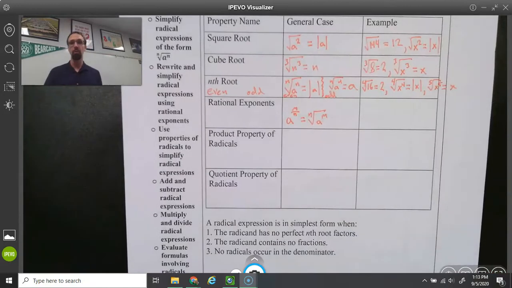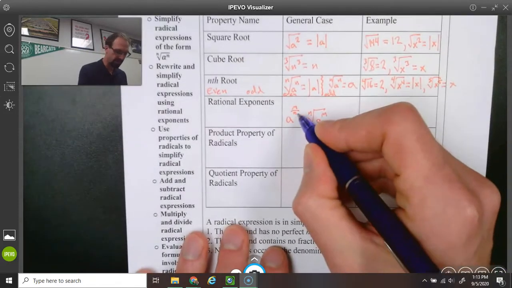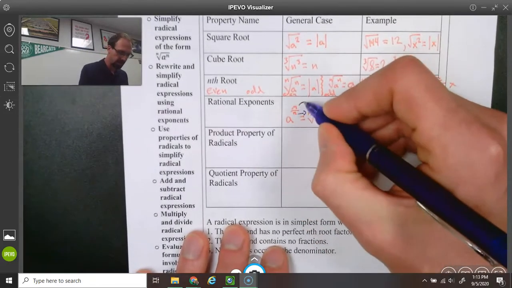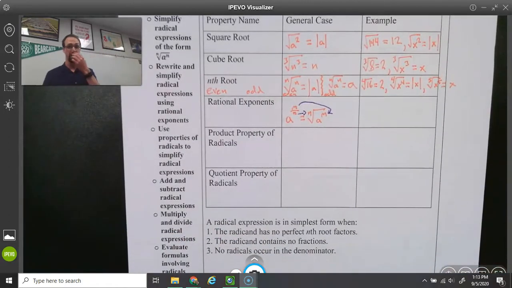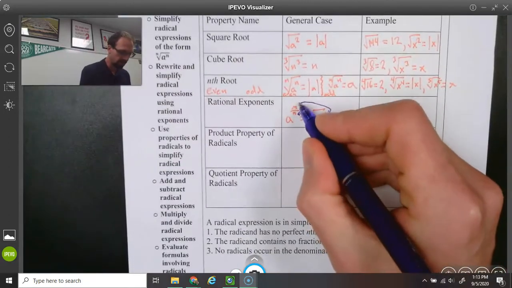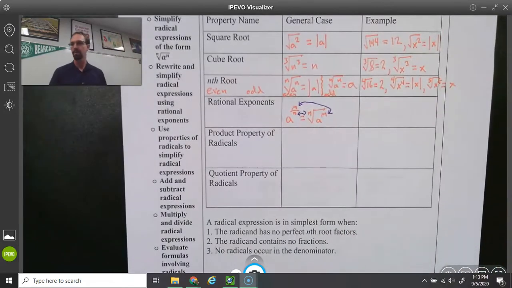So those are equivalent. Those are exactly the same thing. So just to notate that, the denominator is the root, and the numerator is the power when you're converting from a radical or the other way around. So again, you can convert these both directions. They mean the same thing.